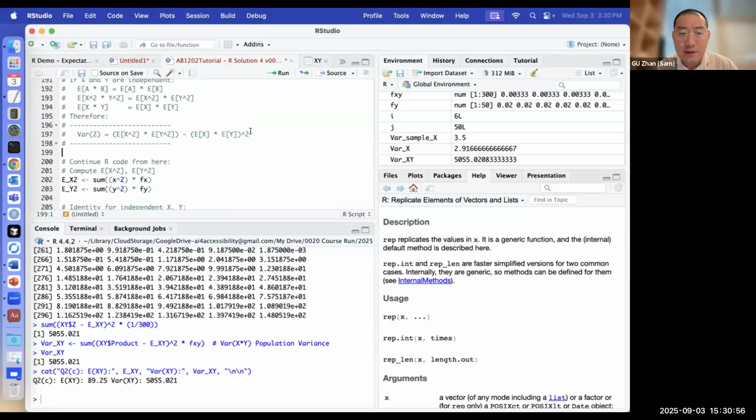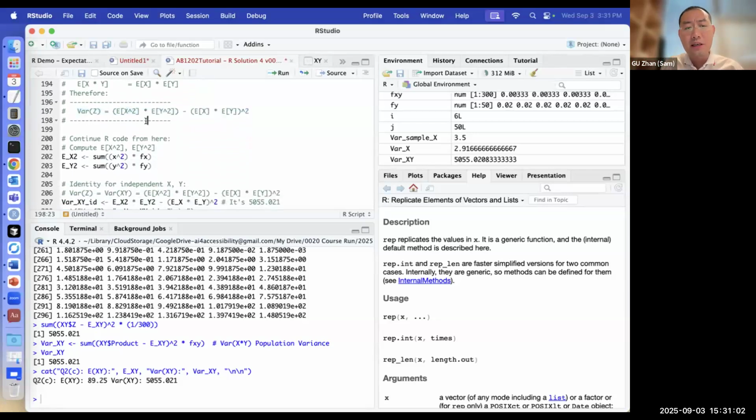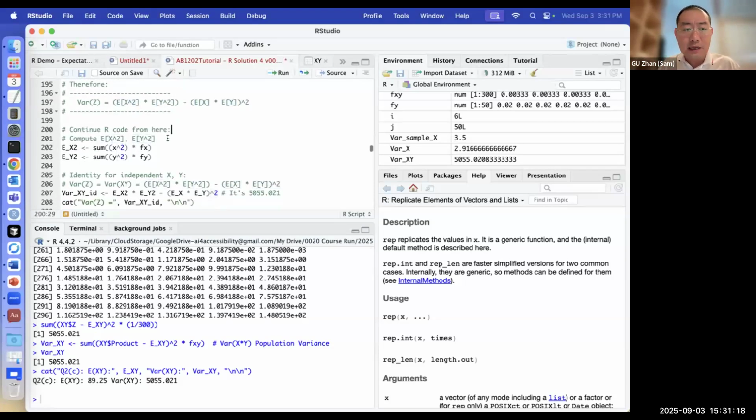So now you finally derive this formula. So now what do we need? We need to compute these four expected values. Expected X we already have, 3.5. Expected Y we also have, 25.5. Now we are going to calculate X squared and Y squared and find their expected values.